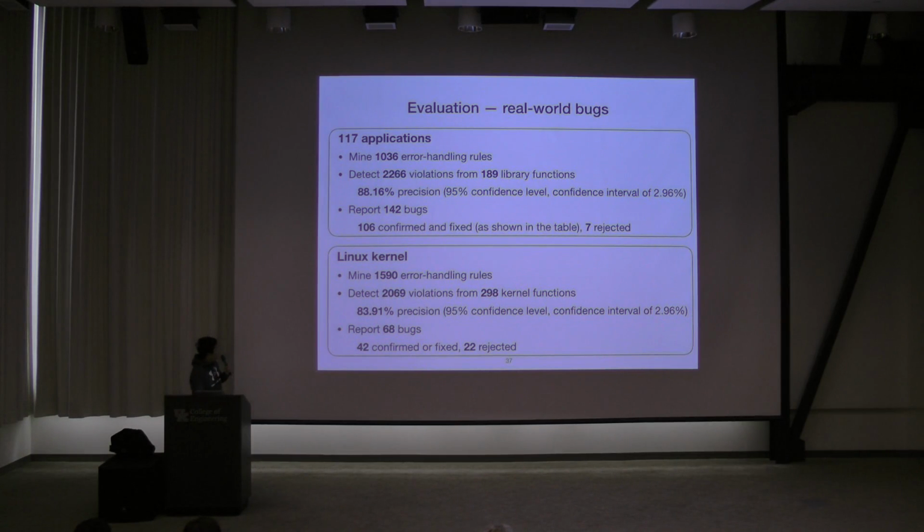So in Linux kernel, we mine 1,590 rules and detect 2,069 violations, while the precision is about 83%. And we finally report 68 bugs. Among them, 42 are confirmed or fixed, others are rejected.